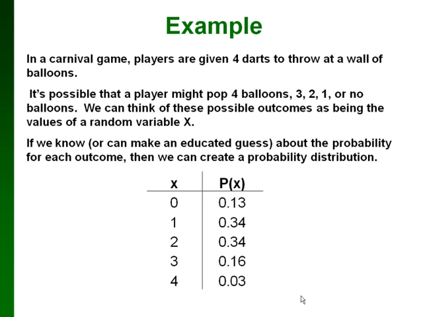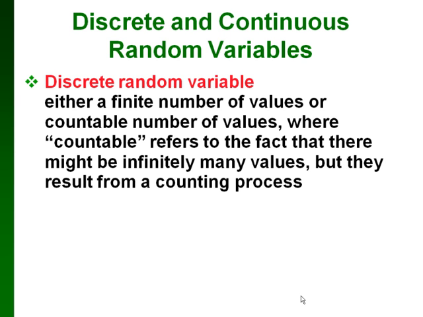So here's what a probability distribution for this game might look like. If we have some sample data that tells us that the probability of a player popping no balloons is about 0.13, popping 1 balloon is 0.34, and so on, then we're basically just writing down the outcomes and the probabilities for each one.